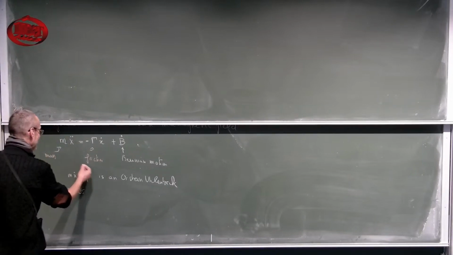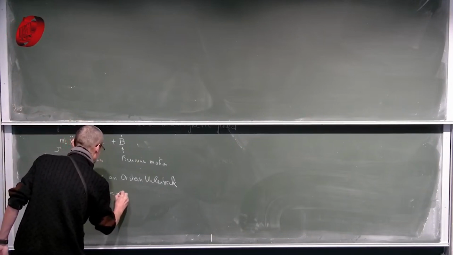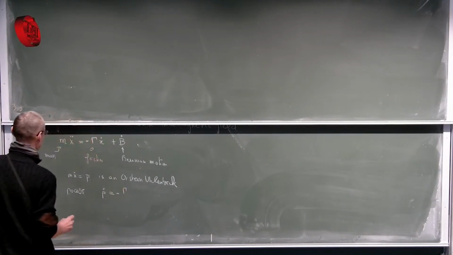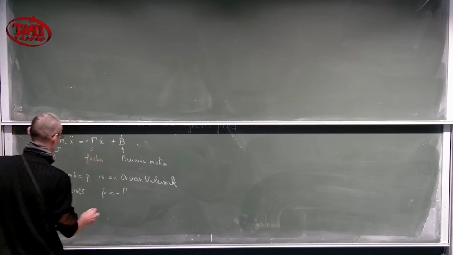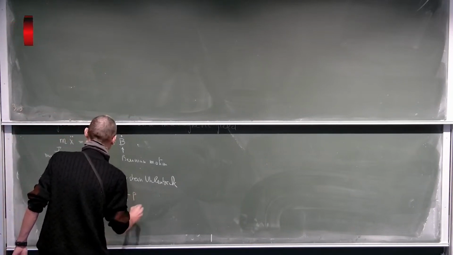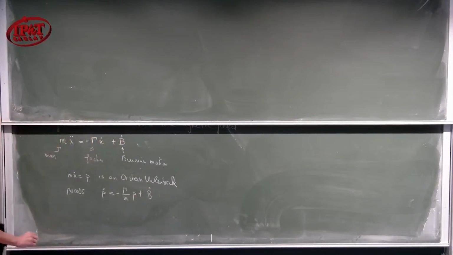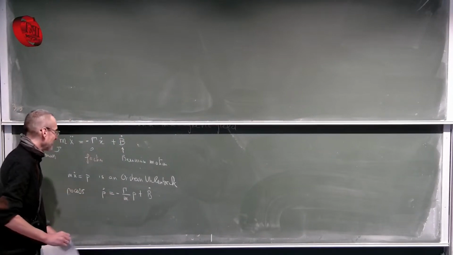And the reason why is easy to see: if you write it here, you get that P dot is minus gamma divided by m, P, plus B dot. So this is Ornstein-Uhlenbeck.